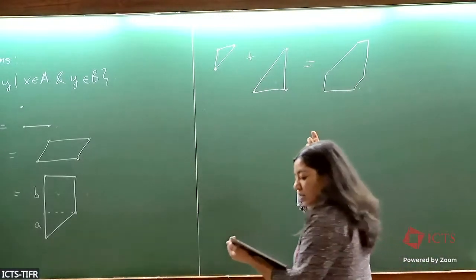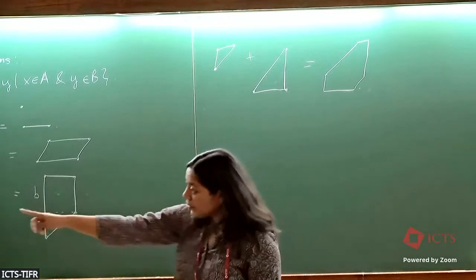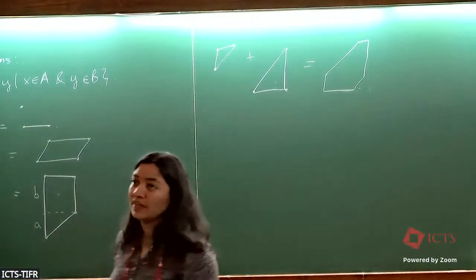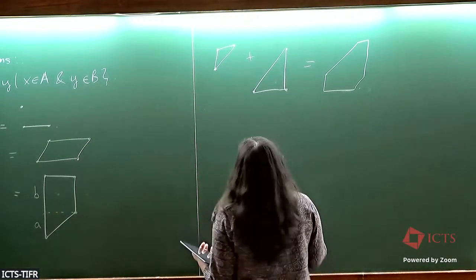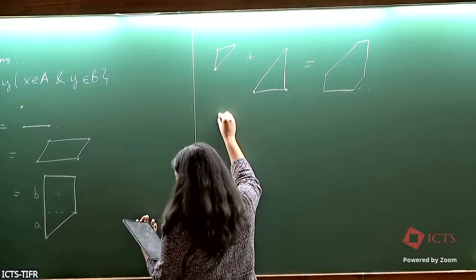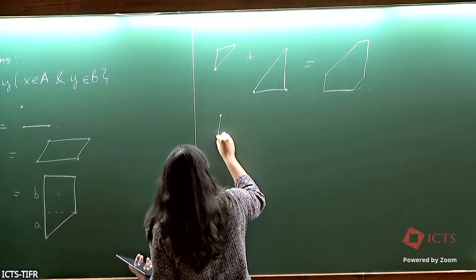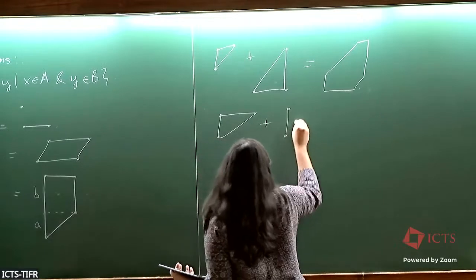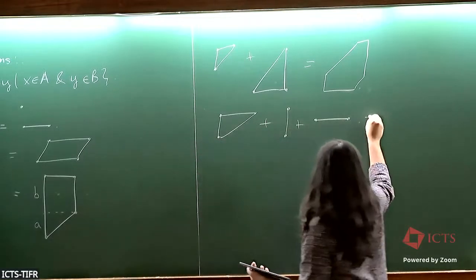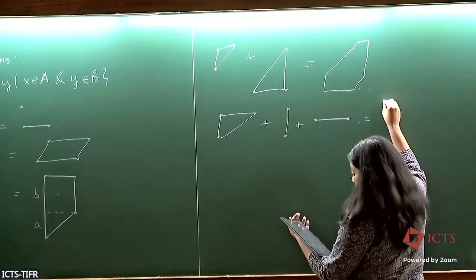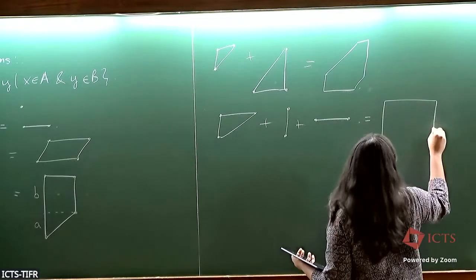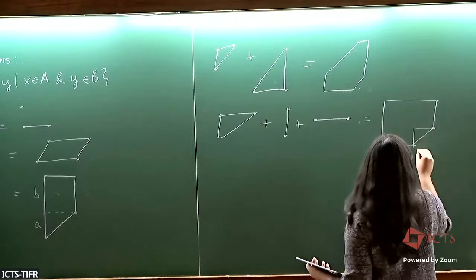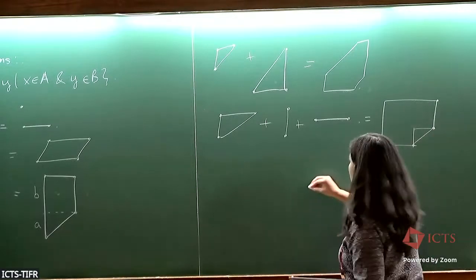So what does give you the pentagon, which is what we would need in order to write the n equals 5 associahedron as a Minkowski sum? The pentagon is given by a triangle plus a vertical line plus a horizontal line. Where this is the triangle, this is the vertical line, and this is the horizontal line.